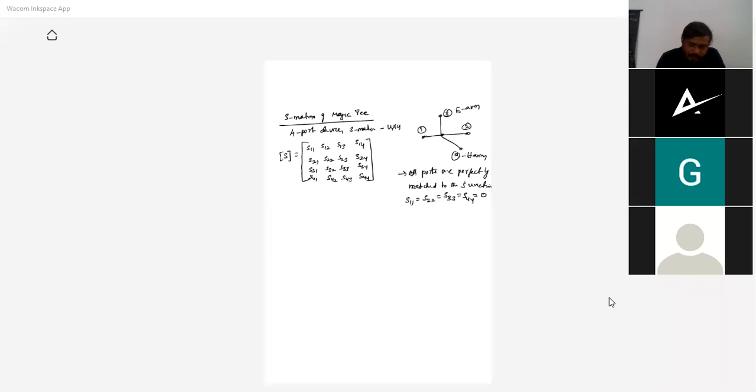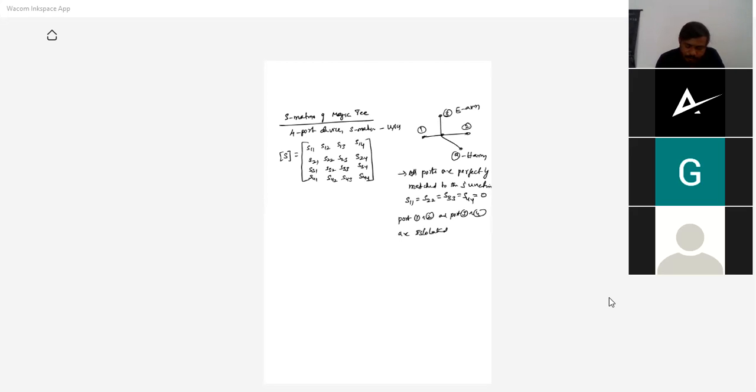So port 1 and 2, and ports 3 and 4, are isolated ports.